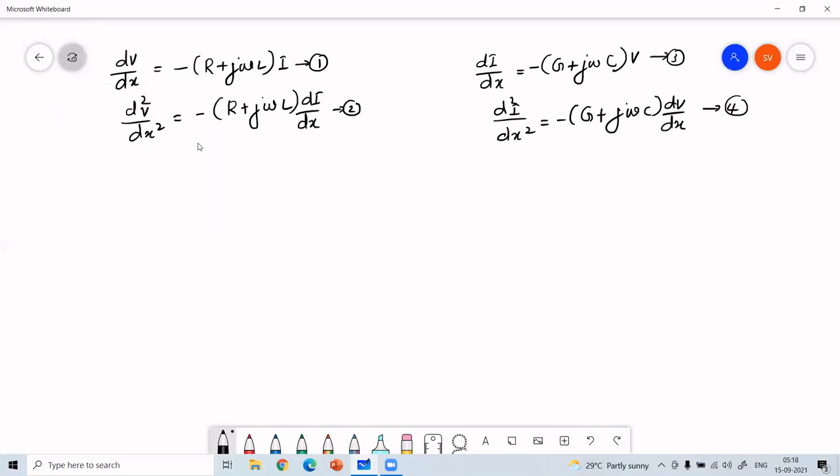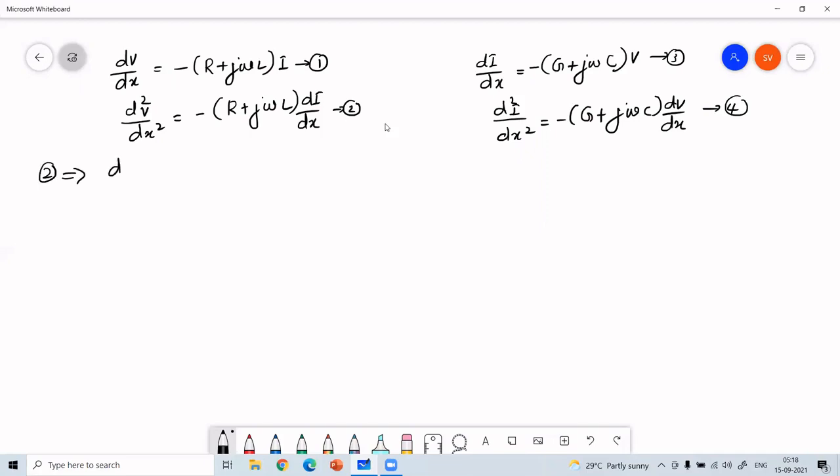Now see, in equation number 2 there is dI by dx. This dI by dx can be replaced by minus (G plus j omega C) into V. So in equation number 2, I am substituting equation number 3. That is, dI by dx is going to be replaced by minus (G plus j omega C) into V. So equation number 2 is modified.